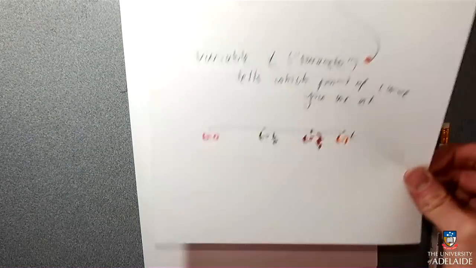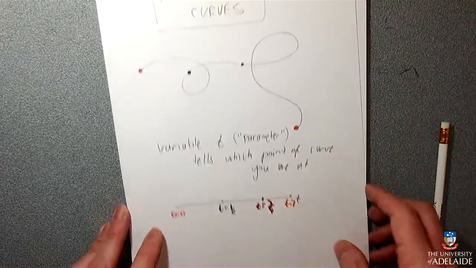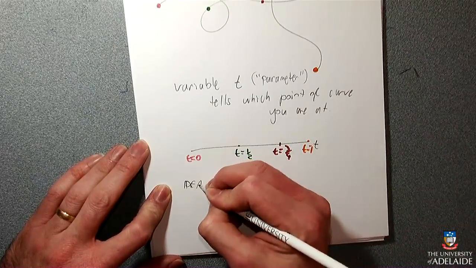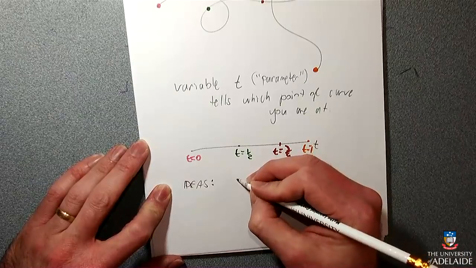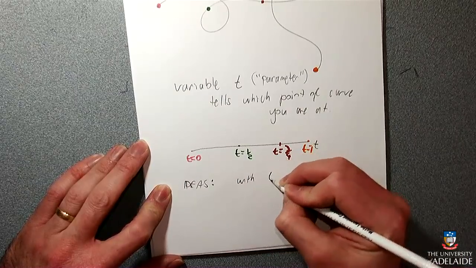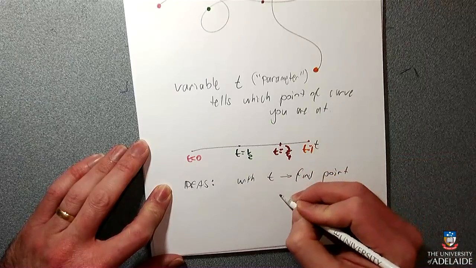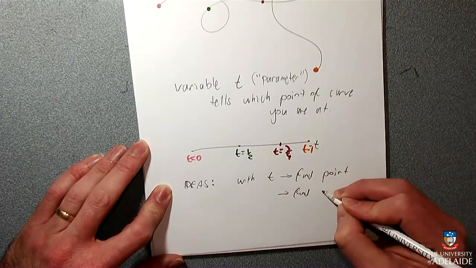All right. So ideas that we need: with t, find the point, but also find the speed.